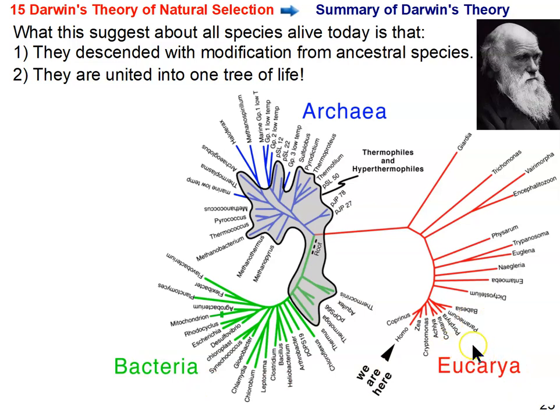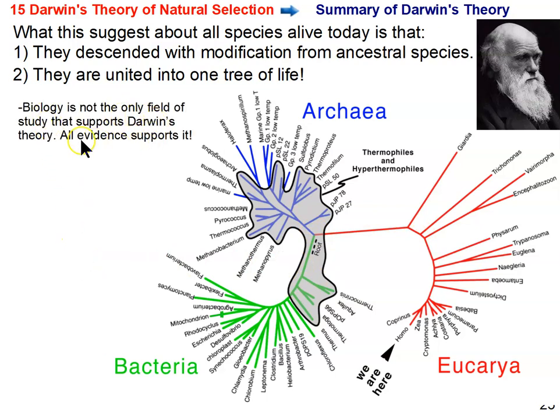It's a completely different kind of cell than Archaea and Bacteria, and actually Archaea and Bacteria are different enough that they deserve to be in their own domains also. But the idea here is that all these branches lead back to one last universal common ancestor, the very first living thing on Earth. Or at least the very first living thing that gave rise to all other living things.